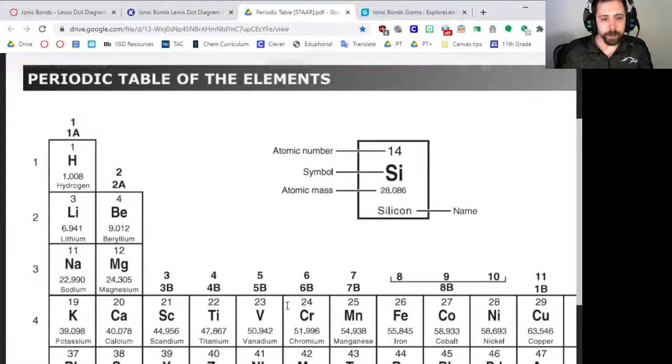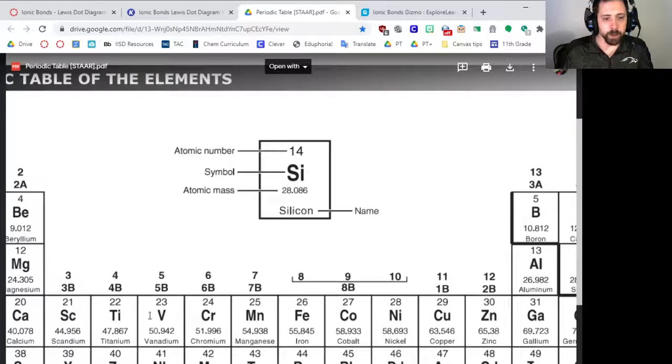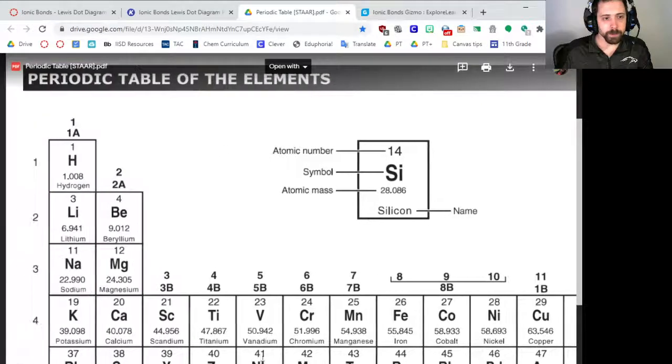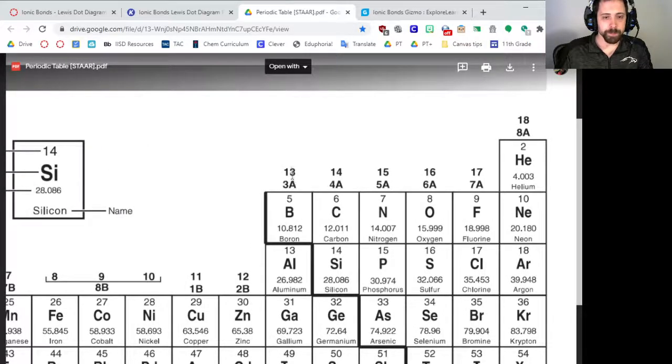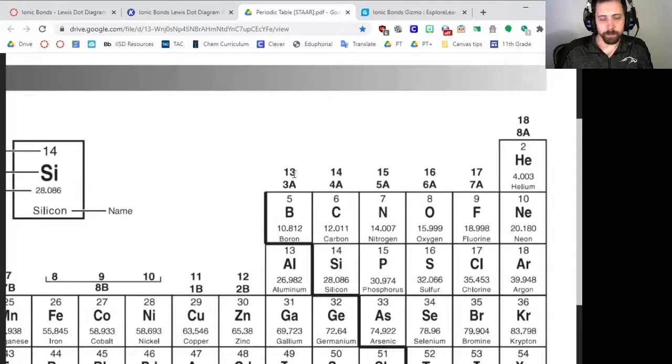It doesn't work for any of these in the middle. Okay, so all of these transition metals here in the middle, they don't follow our rules. Okay, so we have 1 valence electron for this first column, 2 valence electrons for this second column. We're going to skip everything in the middle here. Skip, skip, skip, skip, skip, until we get over here. This says 13, but we can't have more than 8. 8's our magic number.